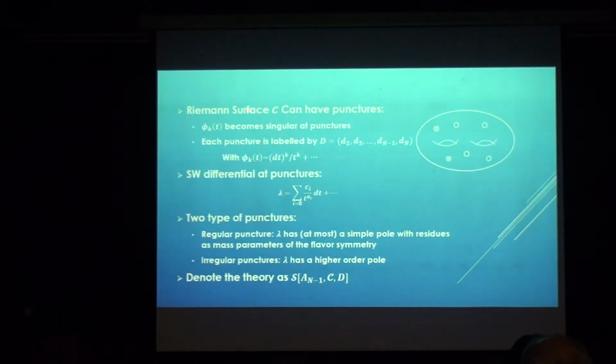On this Riemann surface C, we can have punctures, which are codimension-2 defects on the Riemann surface.